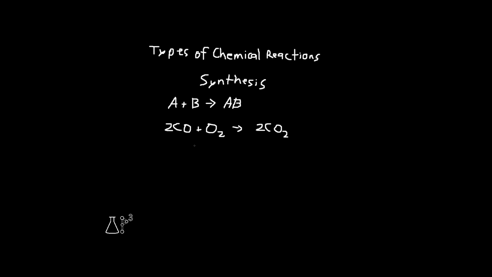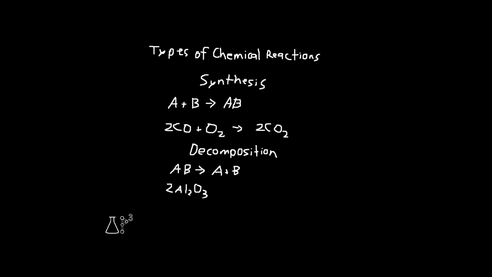The next one is pretty much the opposite of synthesis, which is decomposition. So instead of going from two or more reactants to one product, you're going from one reactant to two or more products. So the template with that would just be the reverse of synthesis. So AB forms A plus B. A specific example would be aluminum oxide, right?